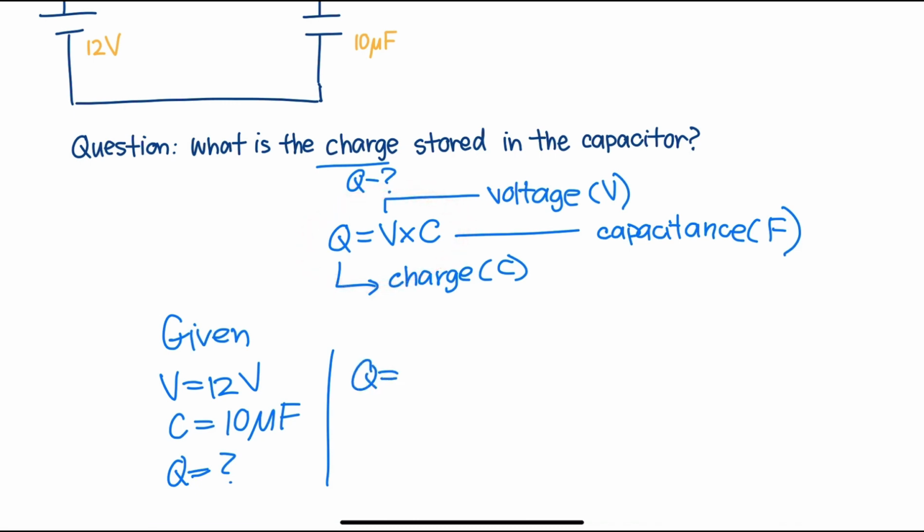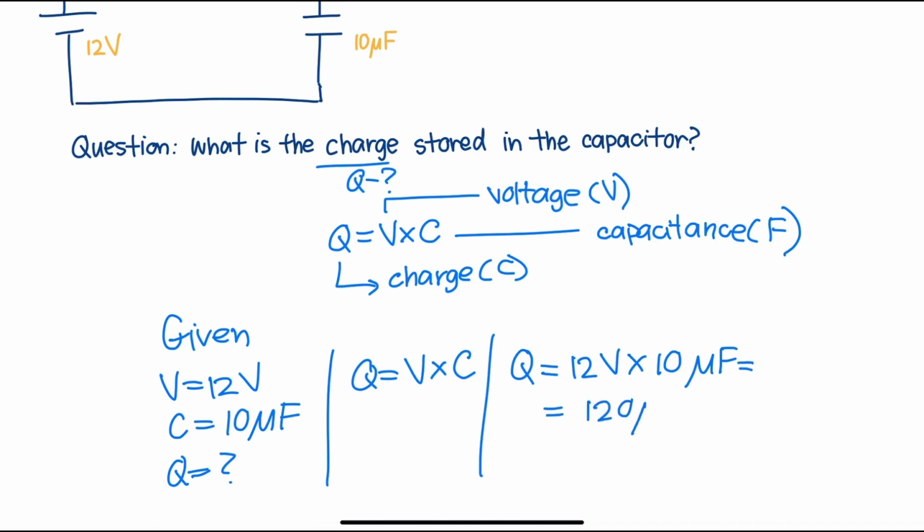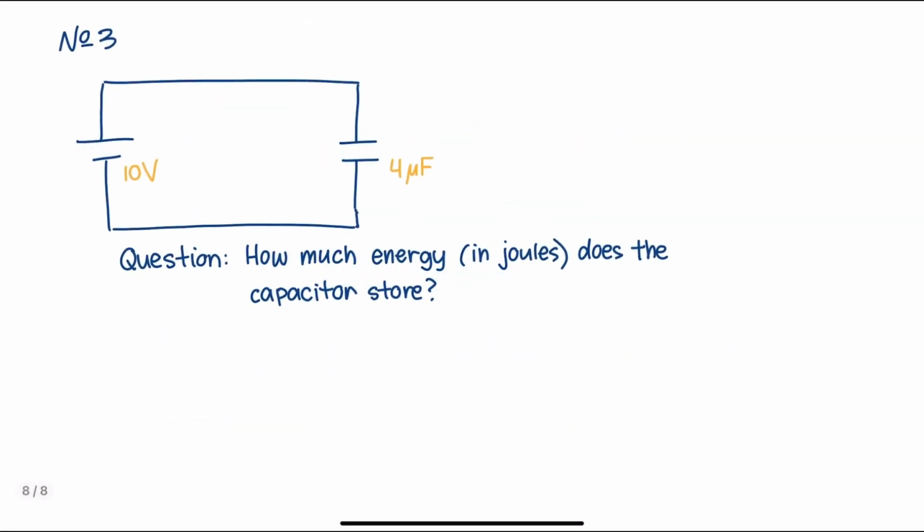Q equals V multiplied by C. If we calculate it, it's going to be 12 volts multiplied by 10 millifarads. In the end, we're going to get 120 millicoulombs. So this is going to be our final answer, 120 millicoulombs.